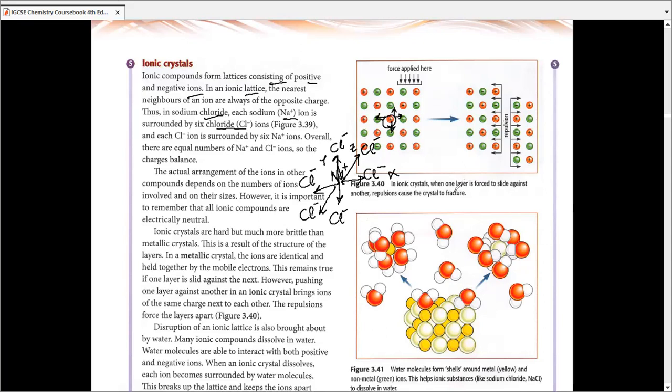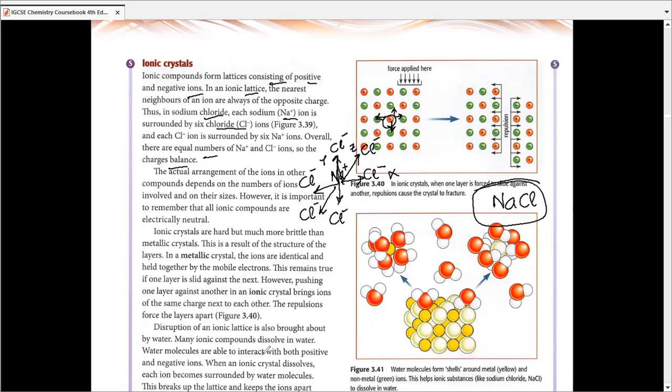So hence, every positive ion is surrounded by 6 negative ions, or every negative ion is surrounded by 6 positive ions. And that's how the charges balance, because we have an equal number of positive and negative ions to cancel out the effect of the charges, and the formula stays as a neutral one, NaCl.